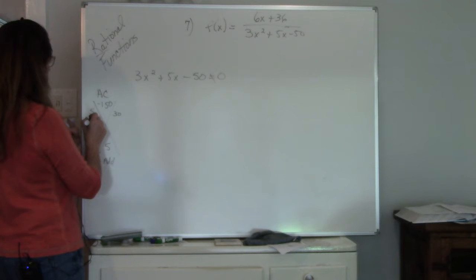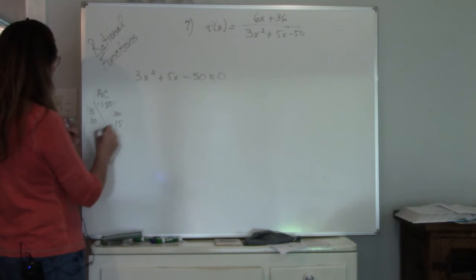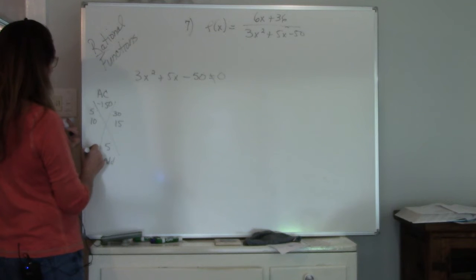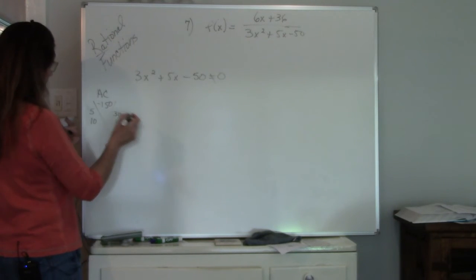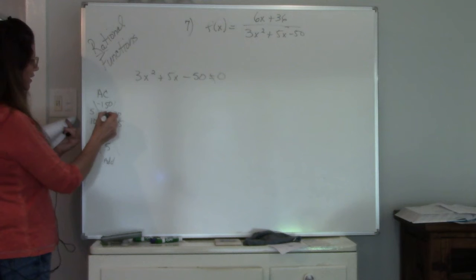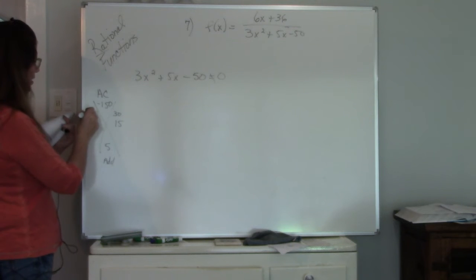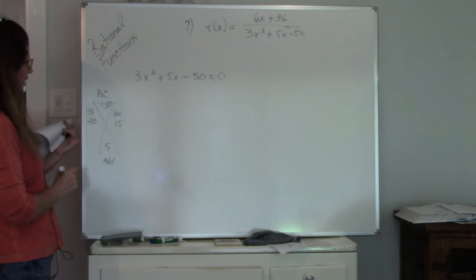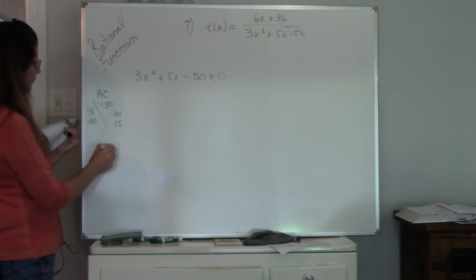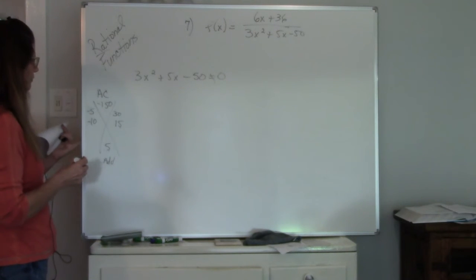I can do 10 times 15. Okay, and that's it. So because it's negative, one of them has to be negative. This is a positive value, so my larger numbers are positive, which makes my smaller numbers negative. So negative 10 plus 15 is 5. Negative 10 times 15 gives me a negative 150.